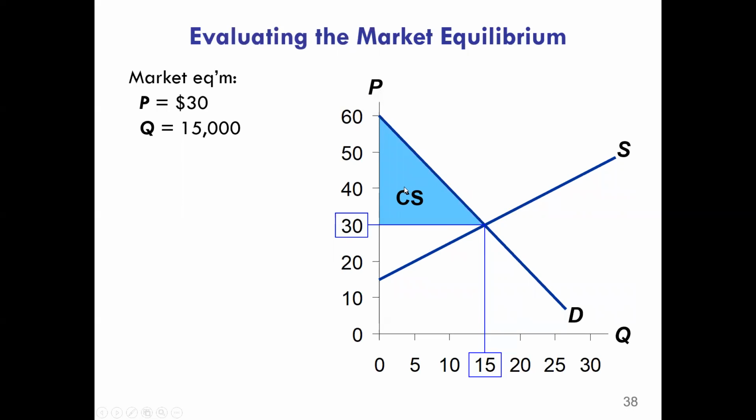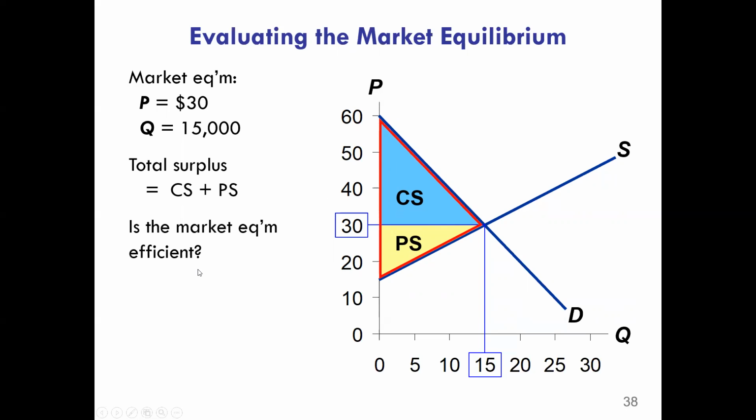We can see that the consumer surplus is the triangle shaded blue, and the producer surplus is this triangle shaded yellow. So total surplus is the sum of consumer surplus and producer surplus. Now, the question again is: is the market equilibrium efficient?